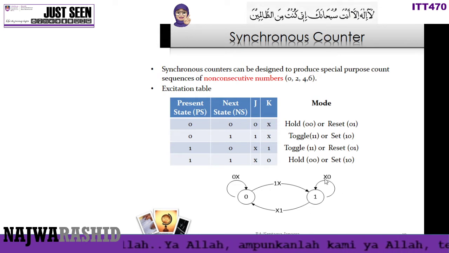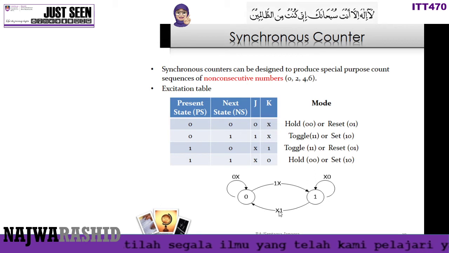The same goes for this part. Let's say we have X0, with the position at 1 and 1. If X equals 0, that means hold the value. If X equals 1, that means we set the value. And then lastly, from state 1 to 0.